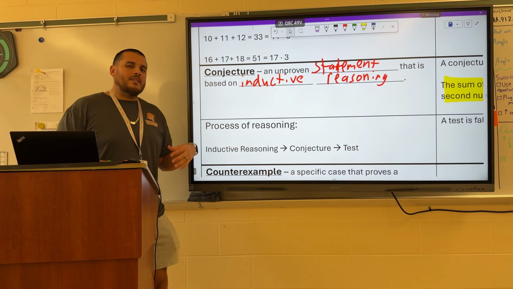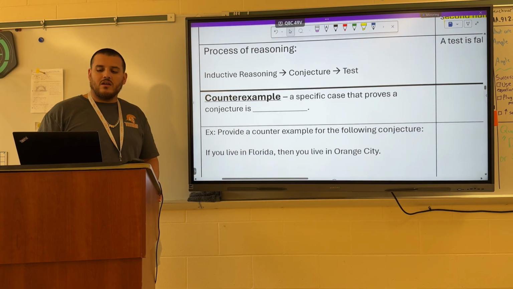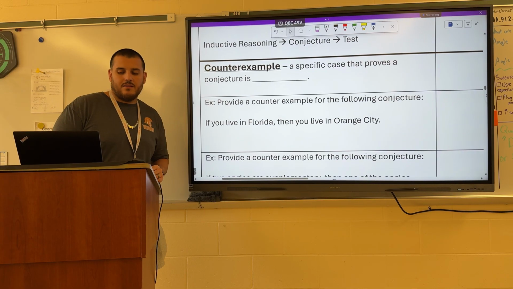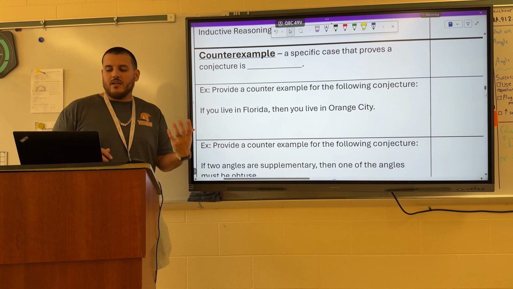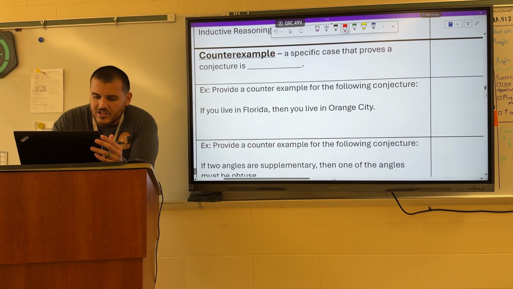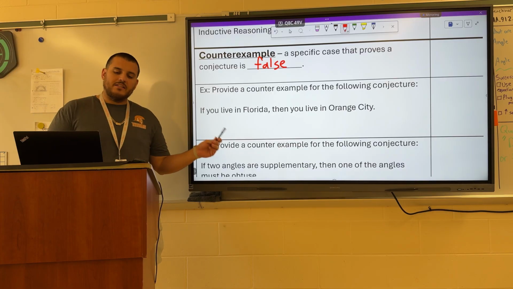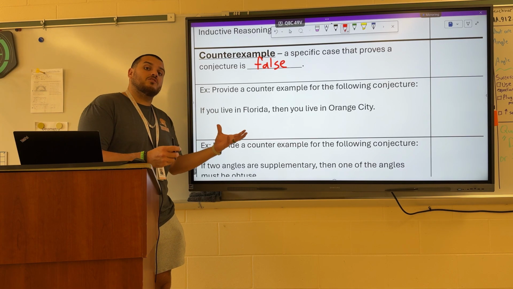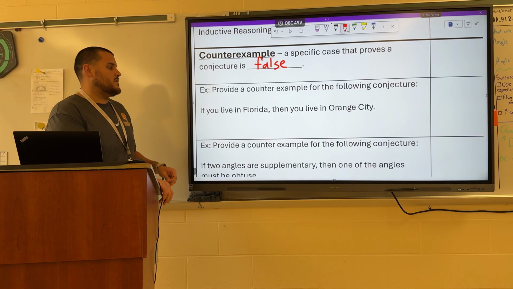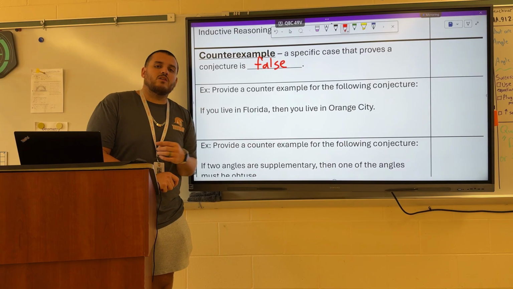And so the way that we know that something is not true is if we have a counterexample for that thing. So a counterexample is just a specific case that proves a conjecture is false, that it is not true, right? For an example, we have a conditional statement here that is a conjecture. Conjectures can often look like conditional statements. It says, if you live in Florida, then you live in Orange City.